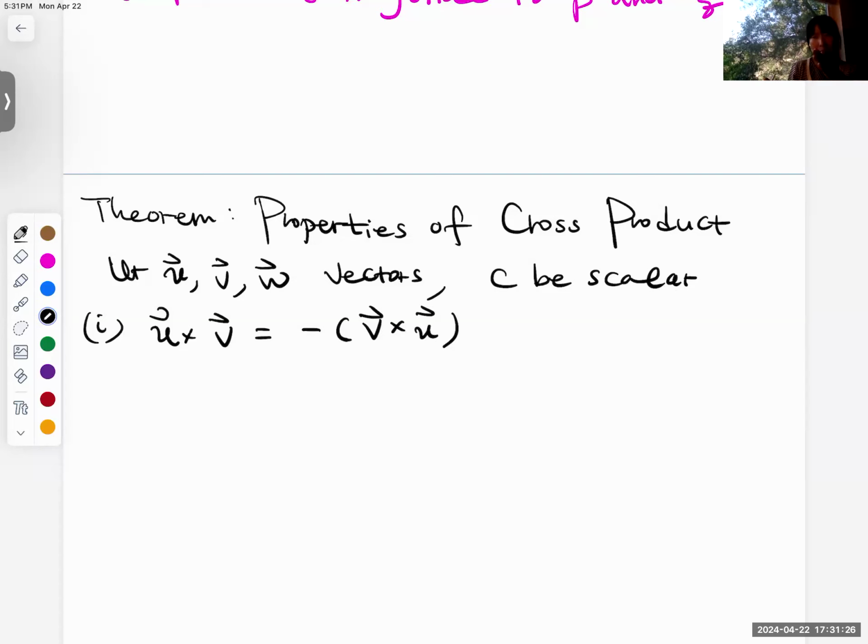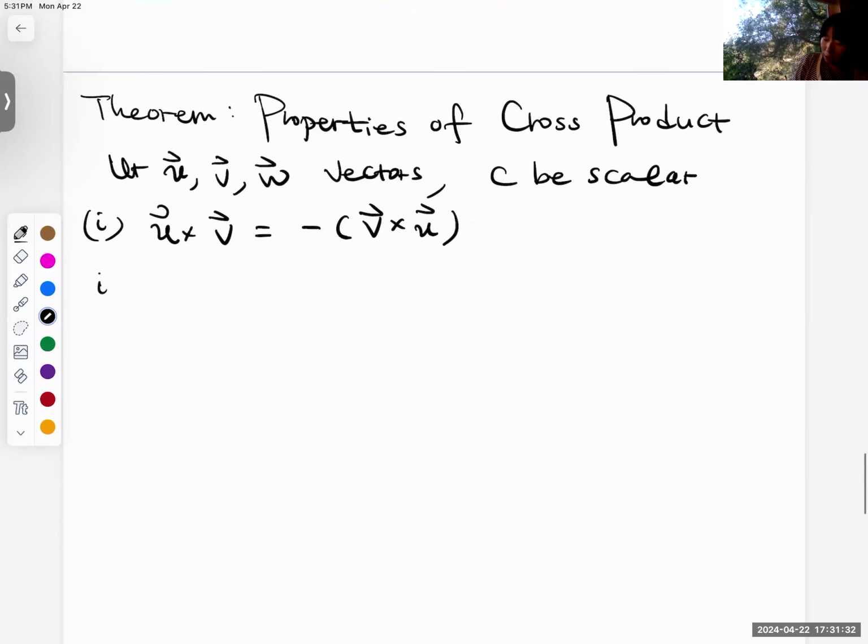Earlier, like P cross Q equals negative Q cross P, right? Okay, now we have the second one, U cross (V plus W). Then we can distribute.